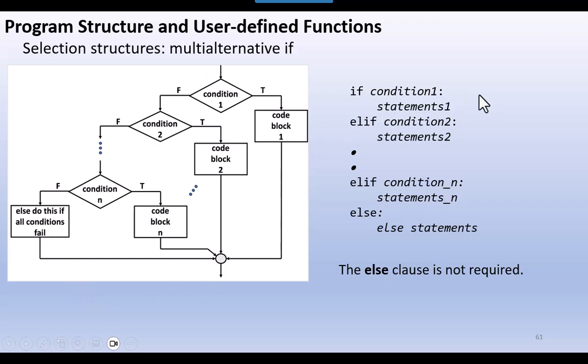So the syntax for this is similar but expanded from our two-way if, in that the intermediate tests, instead of using else, we use elif, and then our second condition with a colon, and our second statements, and so forth. And then finally, we use an else with the else statement.